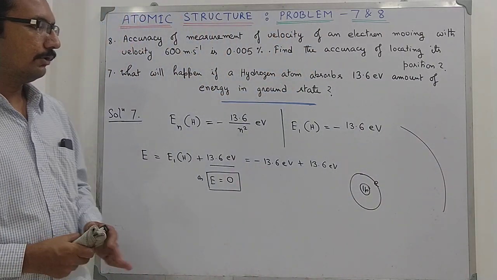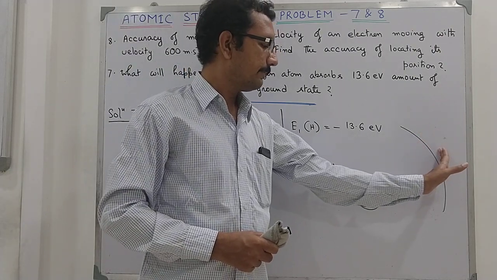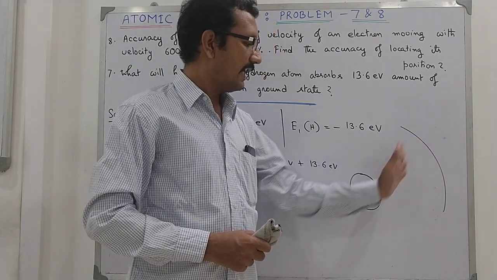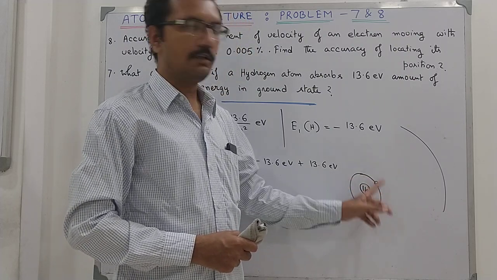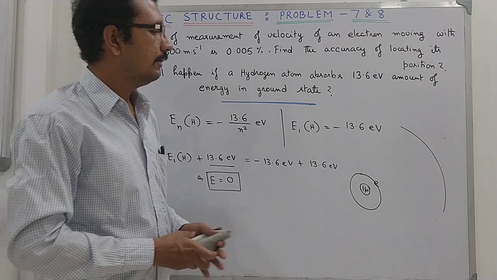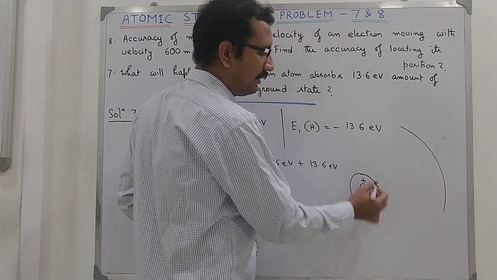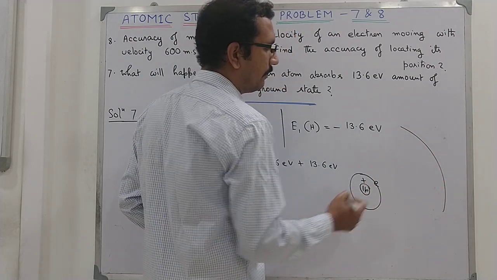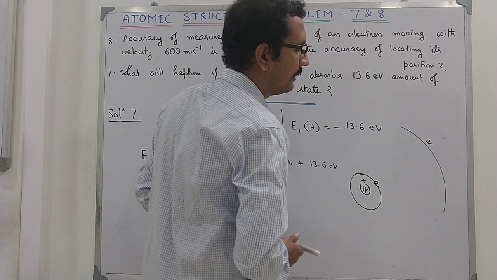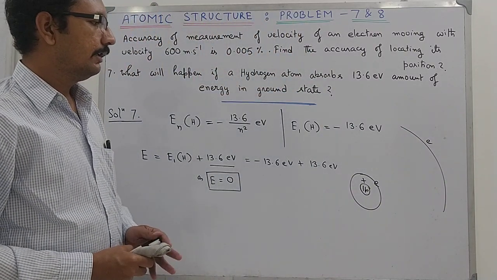It will go to that distance away from the nucleus where the field of this positive charge will not work. So let the field of this positively charged nucleus work up to this distance. So the electron will come here, beyond the field of this nucleus.